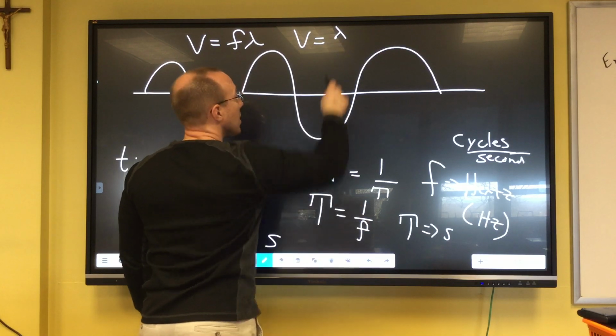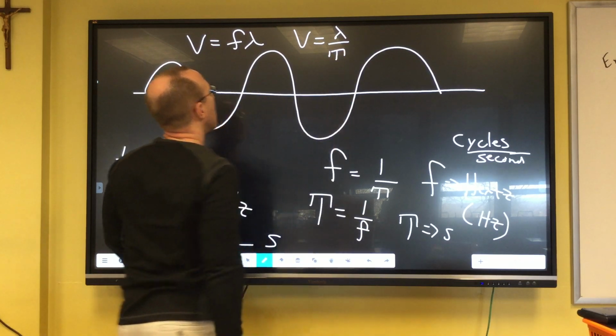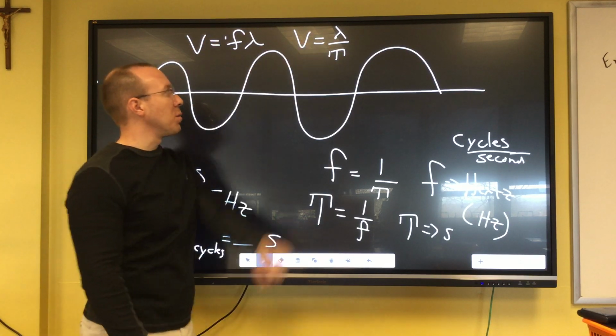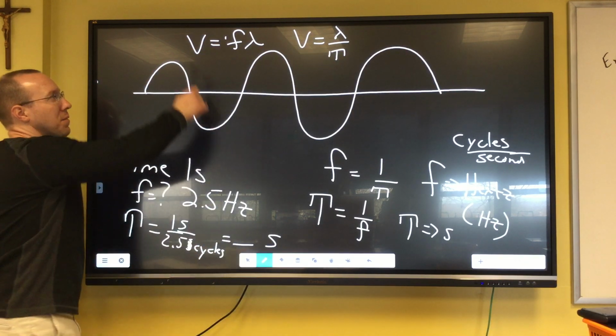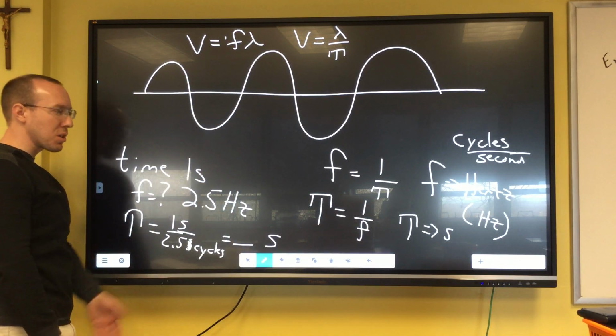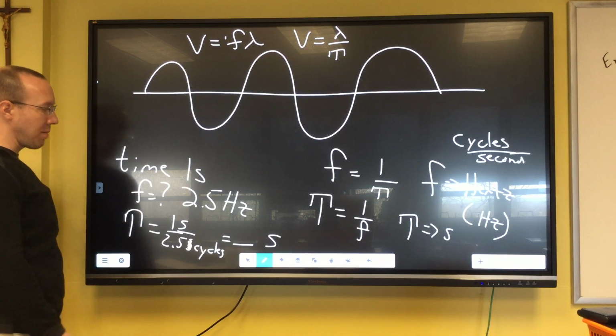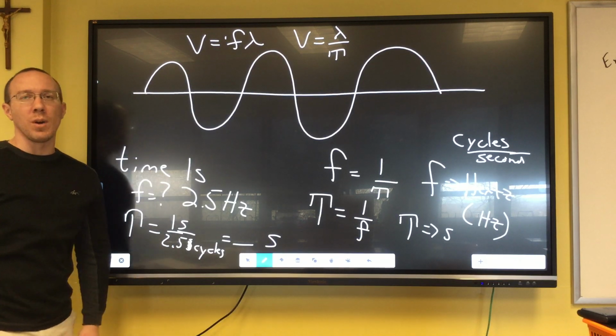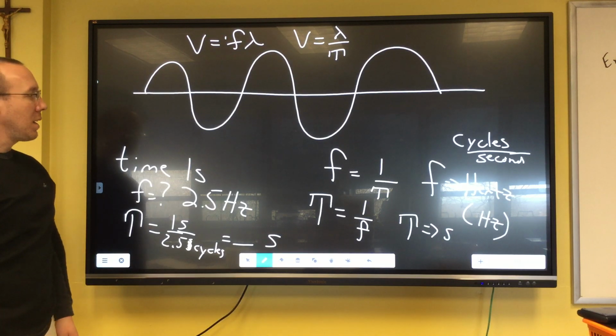I messed that up. See, because for frequency I put in 1 over the period, and so that means the period would be on the bottom. And this is how to figure out the velocity of any wave, the speed of any wave, whether it's a water wave, an electromagnetic wave, anything like that, okay? So this is plenty of information now to actually fill out worksheet number 1 and do that.